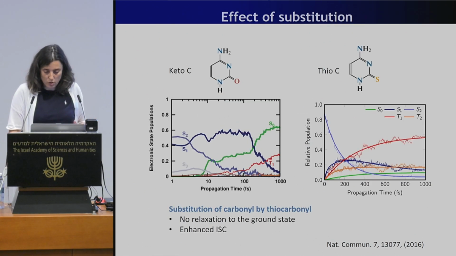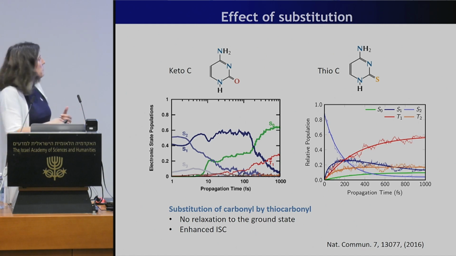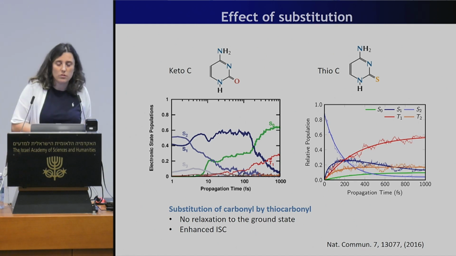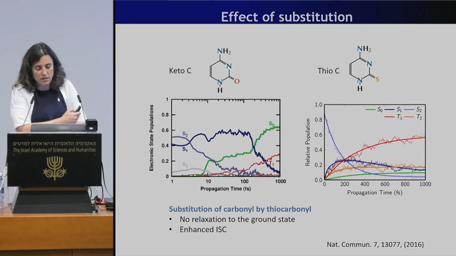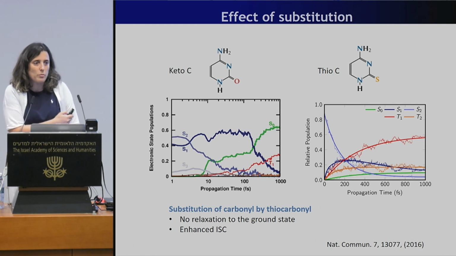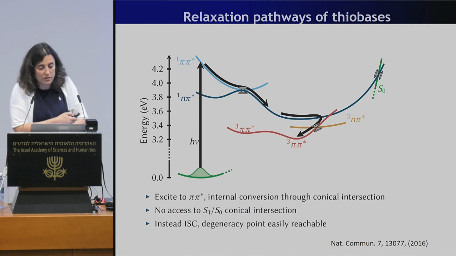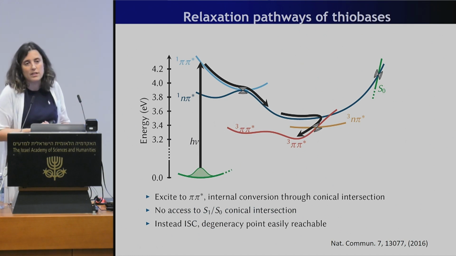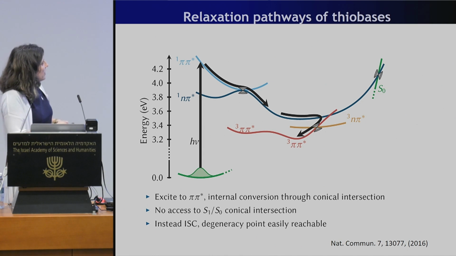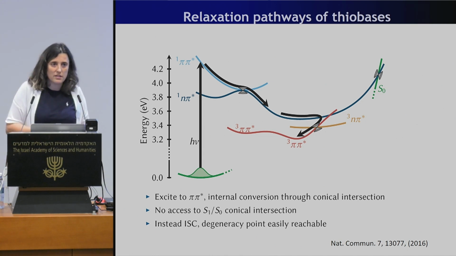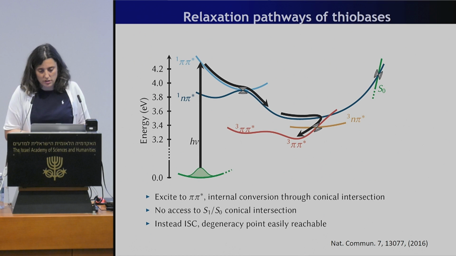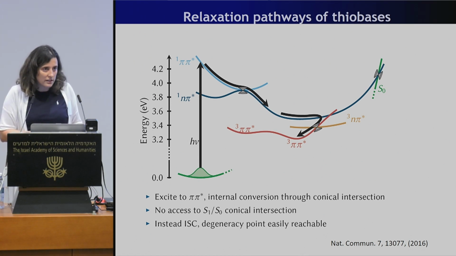These thio bases are so similar to the nucleobases that they were also used as immunosuppressant drugs, and then they started realizing that the patients treated with them had more propensity to have skin cancer, and this is the reason, right? The photostability is gone, but you have the creation of these triplet radicals, and this is bad, and this is what ultimately will generate a cancer.